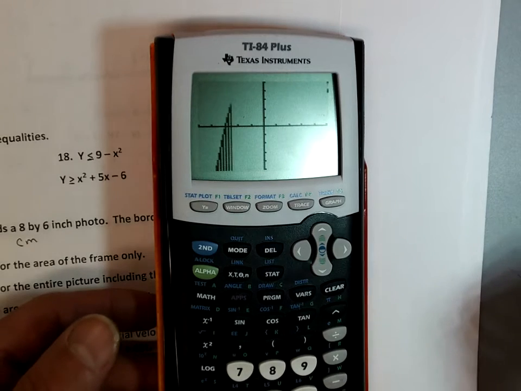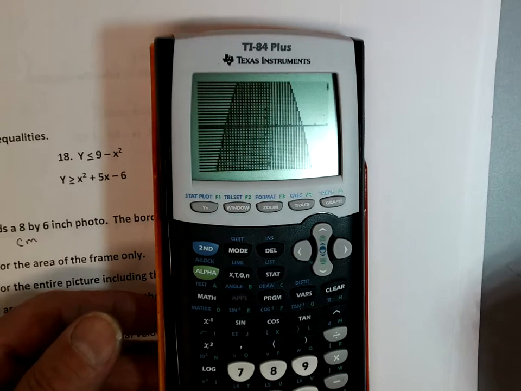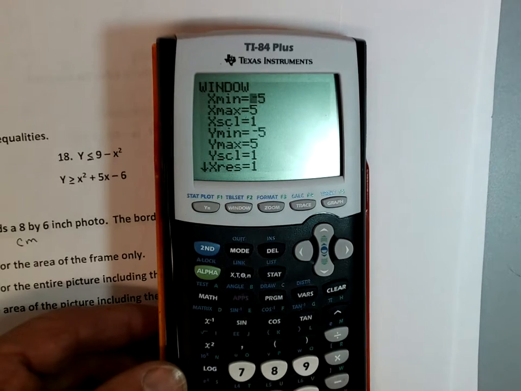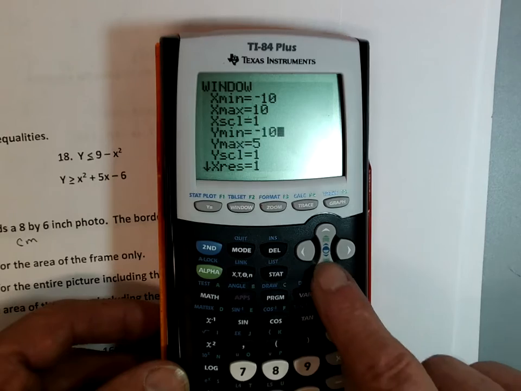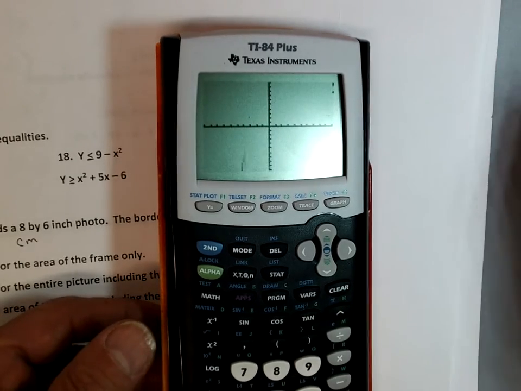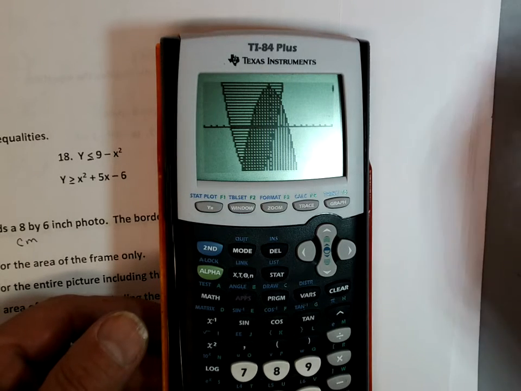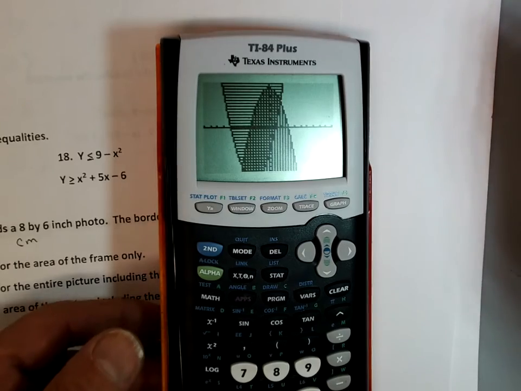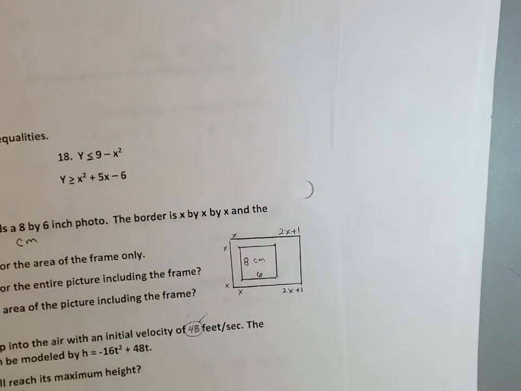There's the first one, there's the second one. I might want to make my window a little bit bigger. There we go. And where they overlap is where you want to shade darker, right? Okay, I've only got 6 minutes, don't I? Yes.